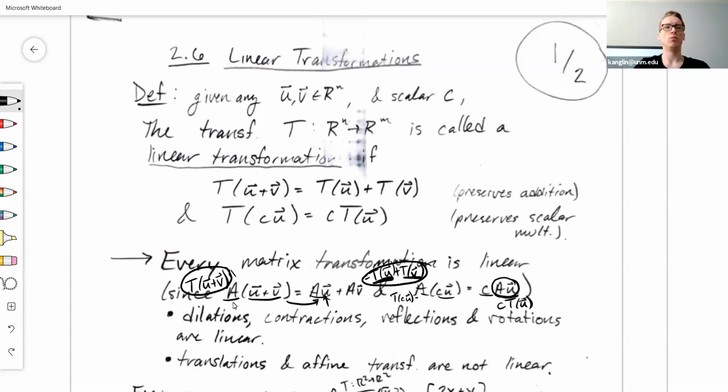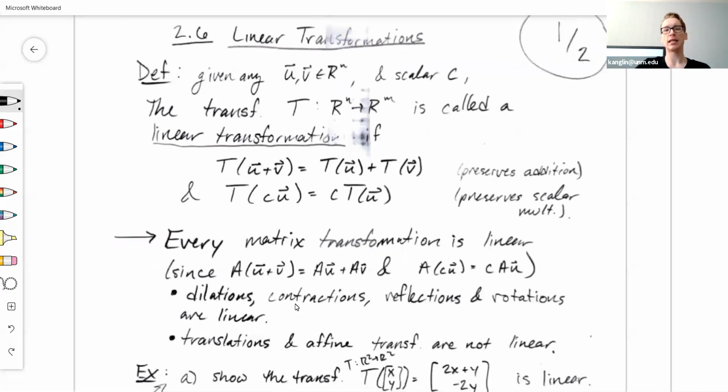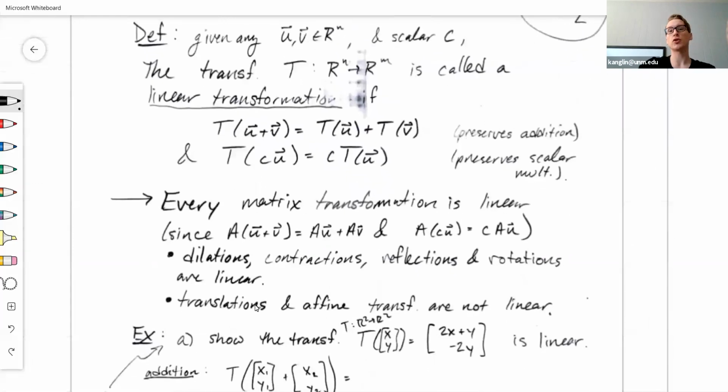So since now we know that every matrix transformation is linear, what we've really seen is that dilations, contractions, reflections, and rotations, some of these that we talked about last time, are linear transformations. They preserve addition and scalar multiplication. We also saw that translations and affine transformations are not linear. We saw those are two examples of non-matrix transformations, so they also can't be linear.